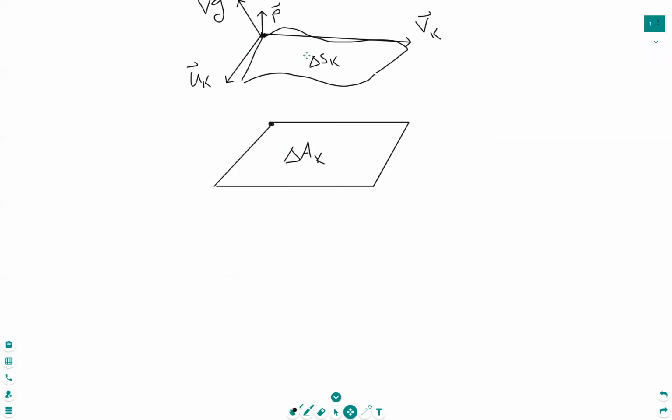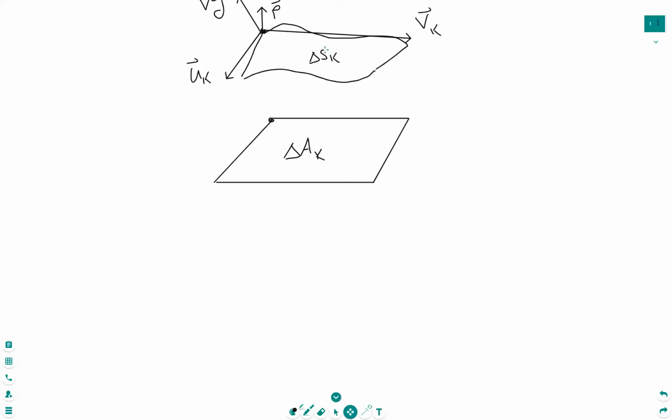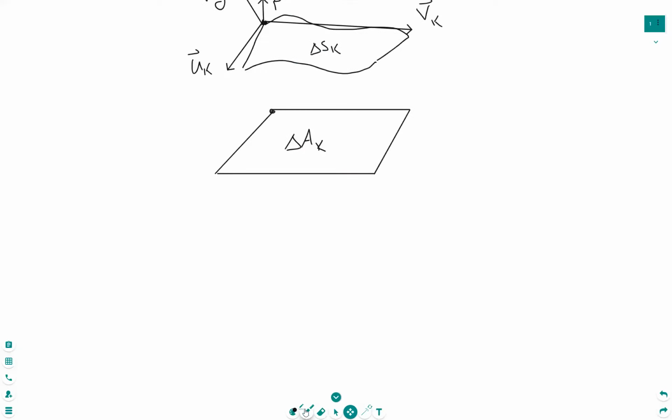And of course, if we add up enough of these approximations in a sum, we end up with some good approximation once we take a limit, and then we end up with the integral. So the idea is here, how do we approximate that surface area?